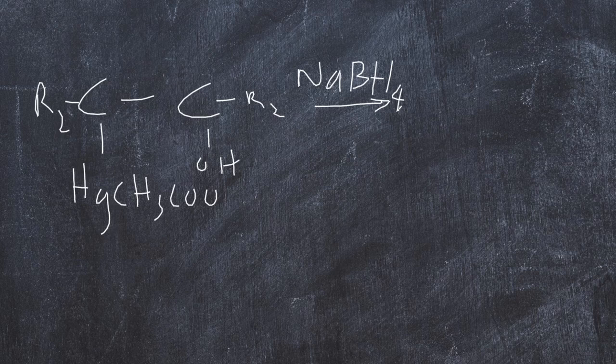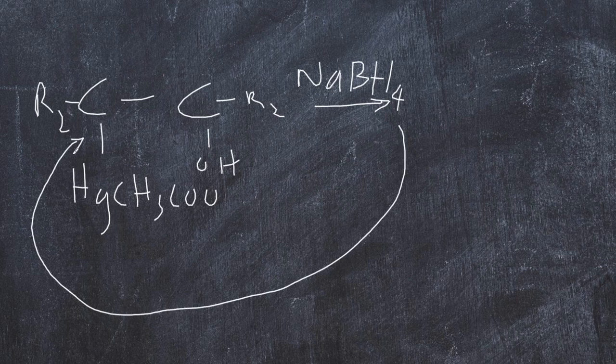And then look at what's going to happen. A hydrogen from the sodium tetrahydroborate will come and displace this mercury salt. This mercury salt is a good leaving group, so it's just going to leave with no problem. So let me write this: good leaving group.